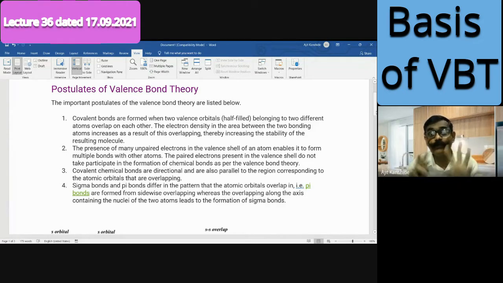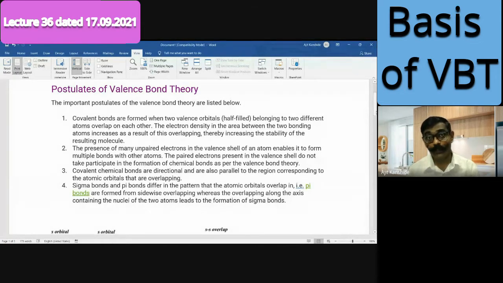The two atoms may be of the same element or not, that's a different aspect, but the orbitals should be of different atoms. They will overlap with each other. What is the result of that? Covalent bond. So the basic postulate of valence bond theory is that it considers two different orbitals, and the overlapping between those two orbitals results in covalent bonding.